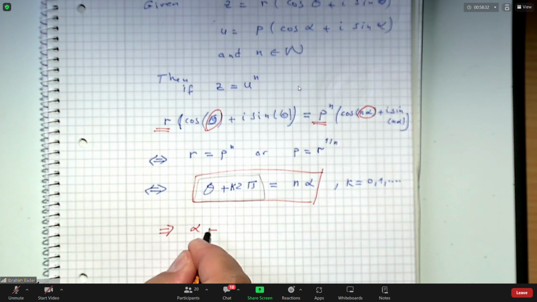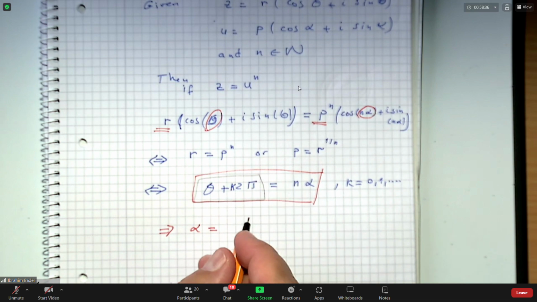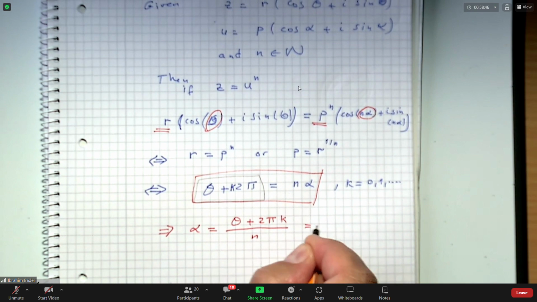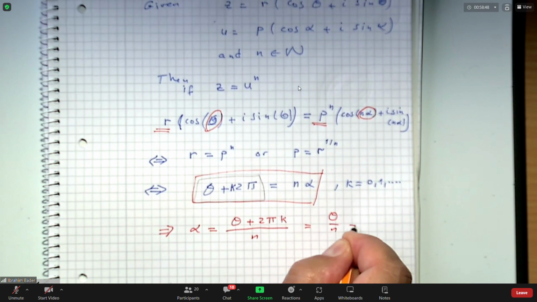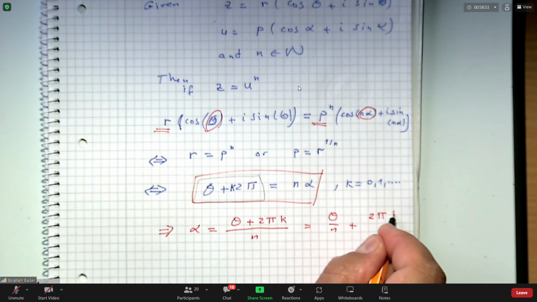So alpha is equal to, we need to divide everything by n, so theta plus 2 pi k over n, and you can split it here: theta over n plus 2 pi k over n. Okay, actually we are there.